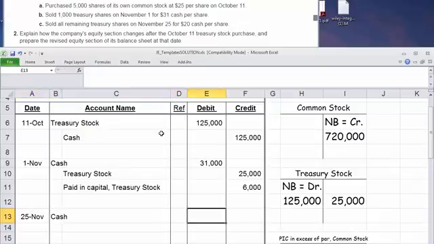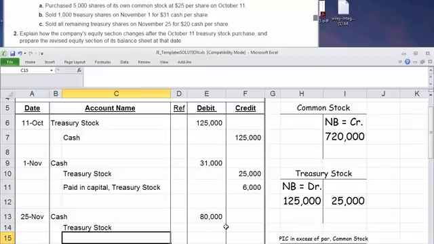Our formula is 4,000 shares times the current selling price, which is $20, so we're going to get $80,000 cash. And the treasury stock originally cost us $25, not $25,000. So we do 25 times the 4,000 shares, which is 100,000.